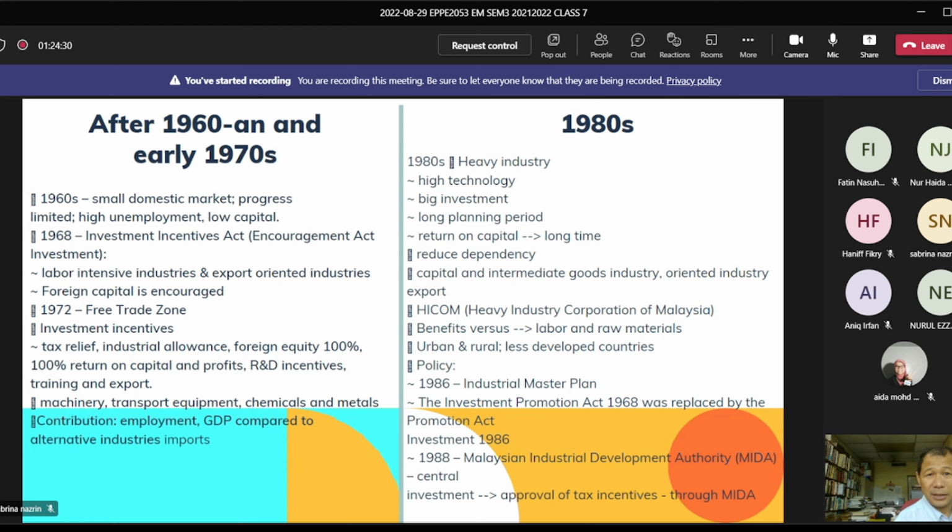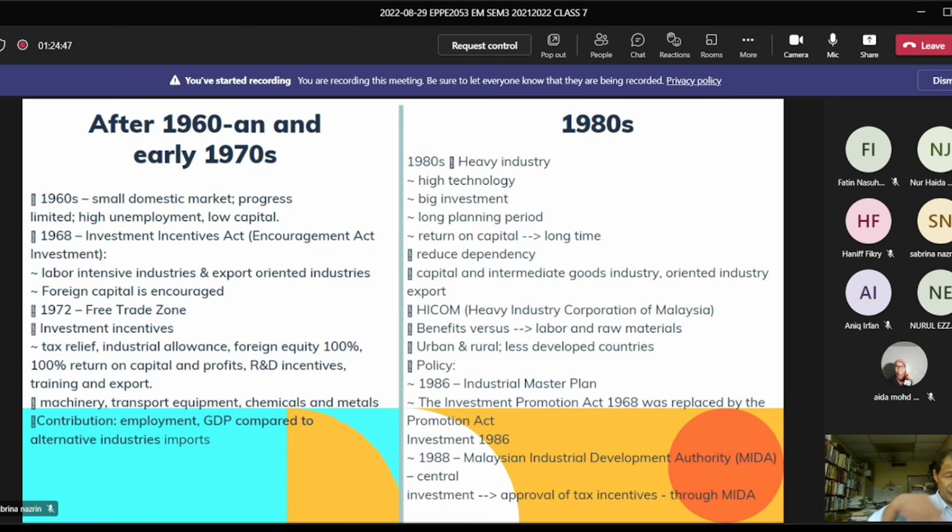Someone in the slide that I showed earlier said 1980 HICOM, wrong, because Dr. Mahathir became Prime Minister in 1981, not 1980. So it was wrong.